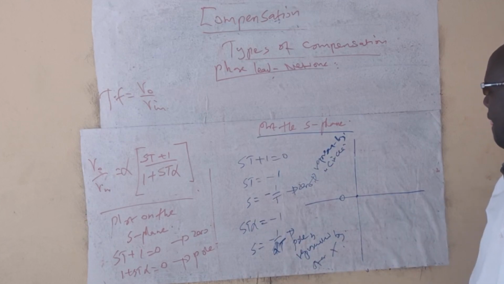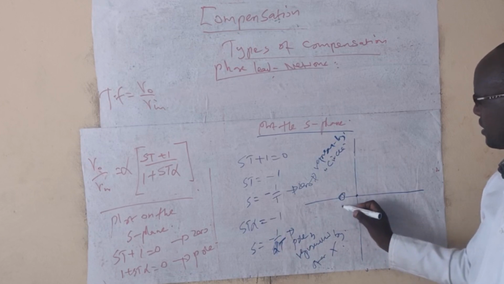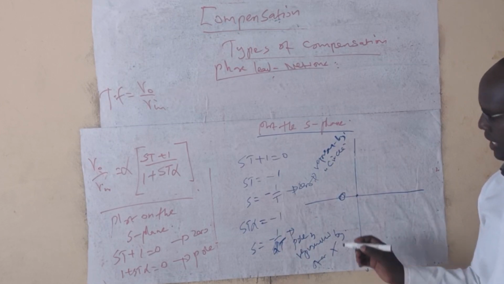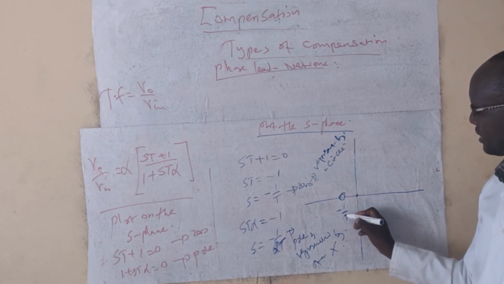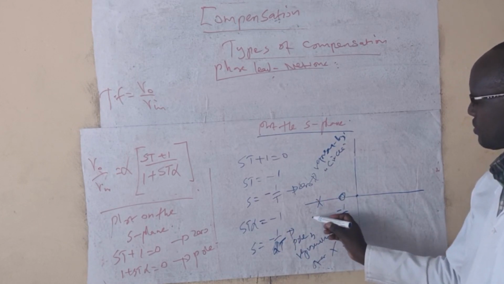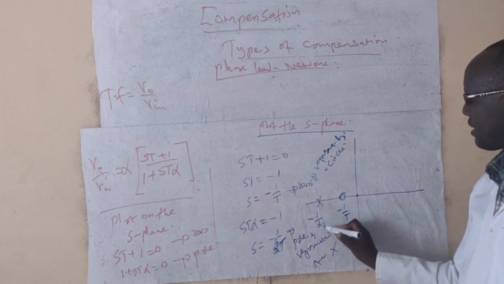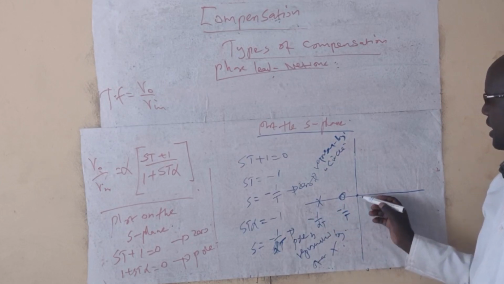So this is our zero point, which is represented by negative 1 over T, and this one is going to be the pole, negative 1 over alpha T.